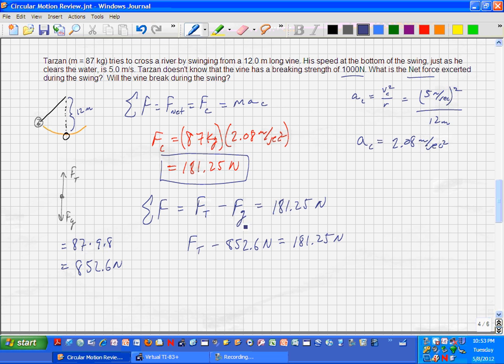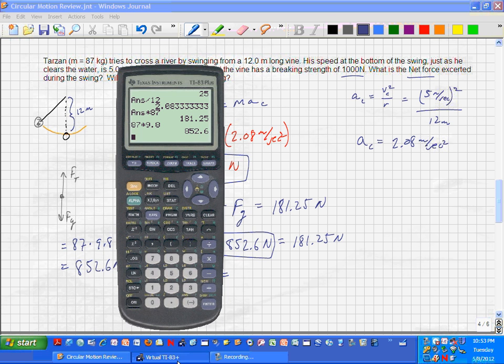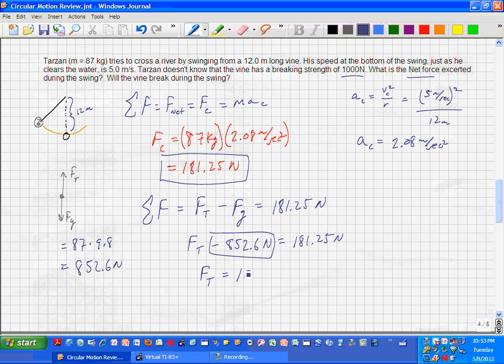So force of tension minus 852.6 newtons is going to be equal to 181.25 newtons. I add this to both sides to solve for force of tension. We get force of tension is going to be equal to 852.6 plus 181.25, and that's 1,033 newtons.